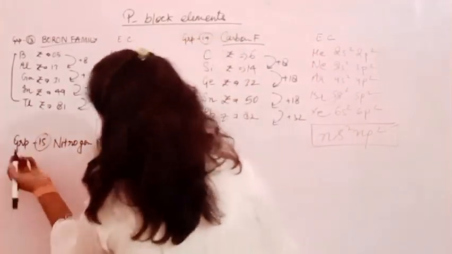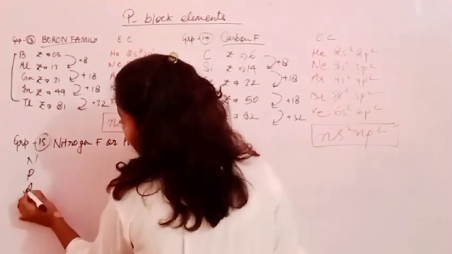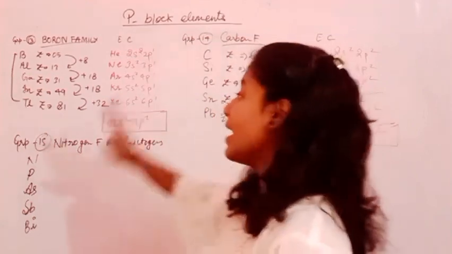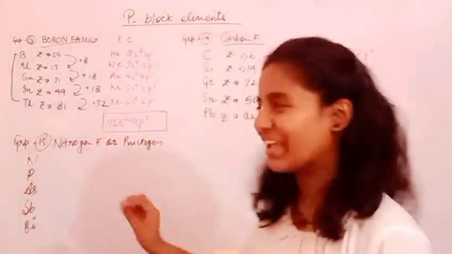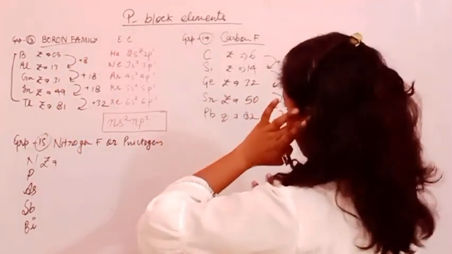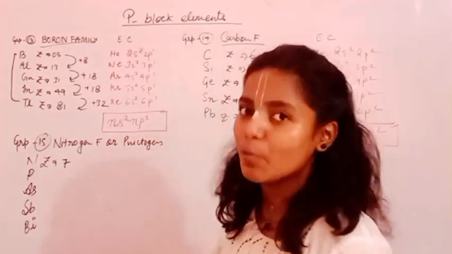Again I am going to use a mnemonic: Nana Patekar, Aishwarya, Sab, Bima. It will start with atomic number 7: hydrogen, helium, lithium, beryllium, boron, carbon, nitrogen.